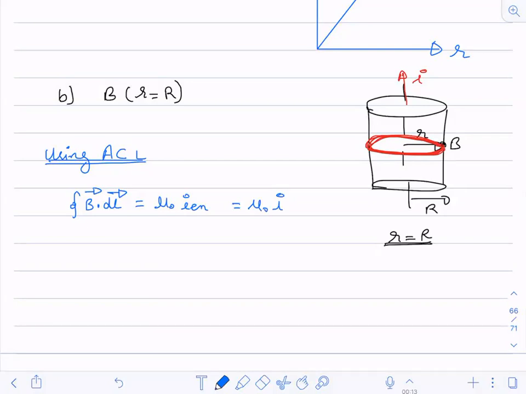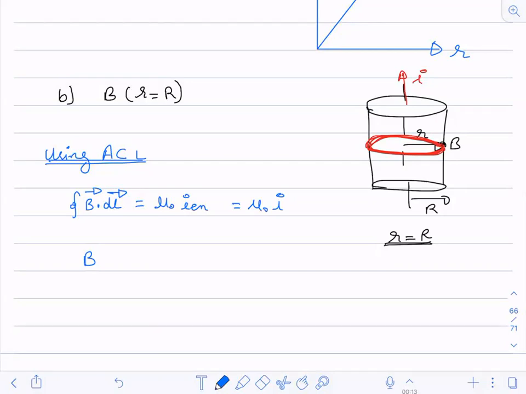If we calculate the value of this integral on the left hand side, B is uniform and not changing at a distance r. So I can take the B value outside because it is a constant.